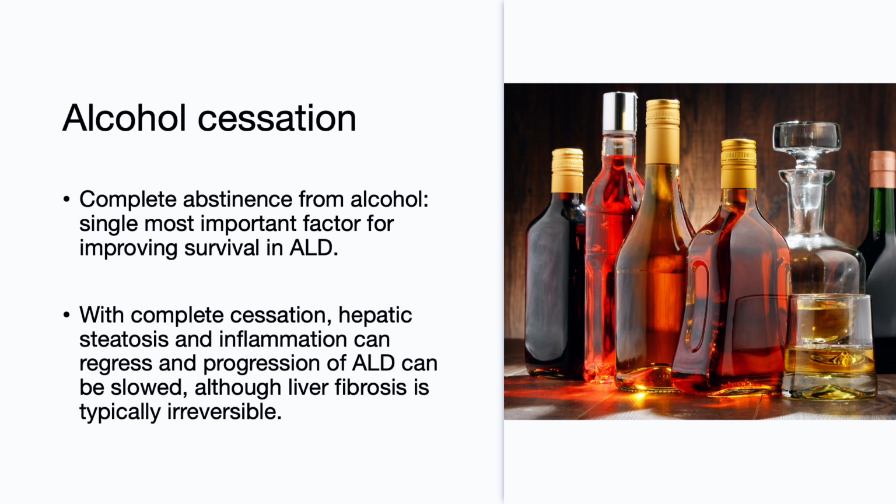Complete abstinence from alcohol is the single most important factor for improving survival in alcohol-related liver disease. With complete cessation, hepatic steatosis and inflammation can regress, and progression of alcohol liver disease can be slowed, although liver fibrosis is typically irreversible. In contrast, with continued alcohol consumption, liver disease will almost certainly progress.